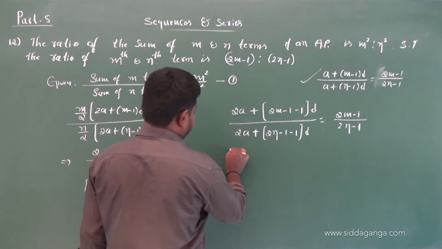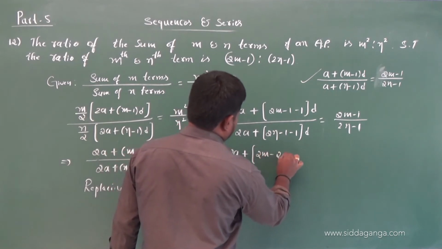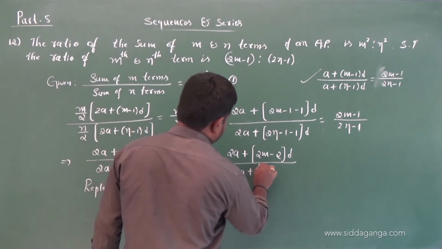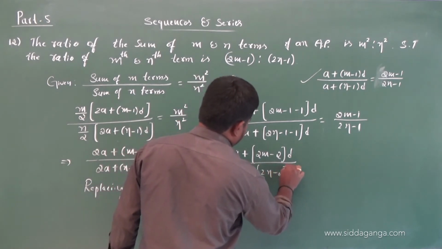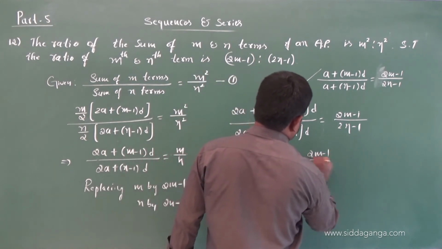Now you get 2a plus 2m minus 2 into d, divided by 2a plus 2n minus 2 into d, that is equal to 2m minus 1 by 2n minus 1.